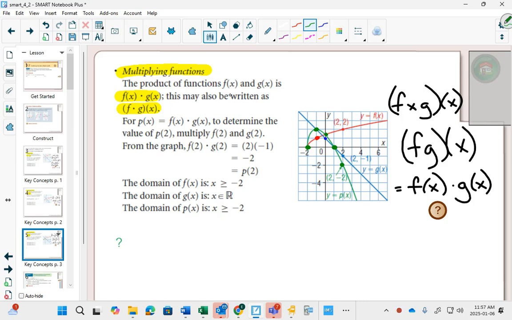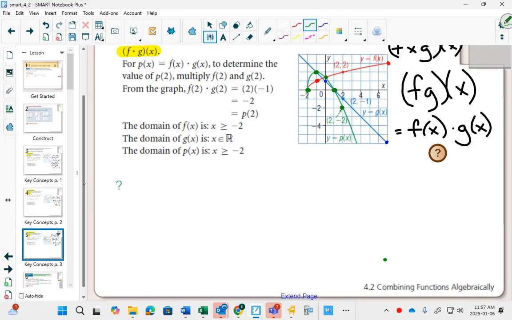Unfortunately, the next time that the points are both nice would be here at 3 and here at -6. What's the problem with that? 3 times -6? There we go. It's just really far off the graph.